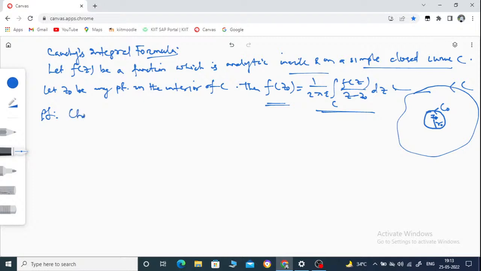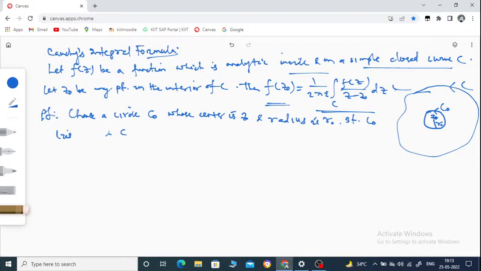So I'll write this thing. Choose a circle C naught whose center is z naught and radius is r naught, such that this circle C naught lies in the interior of C. Mathematically, we can say this lies in the interior of C. Okay.